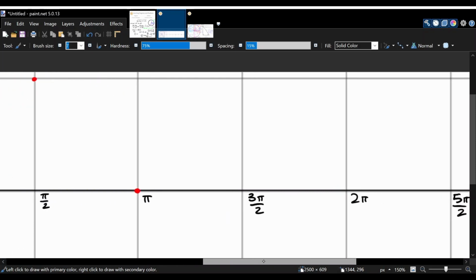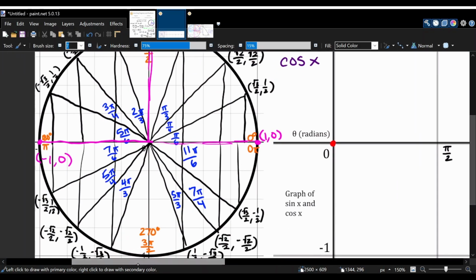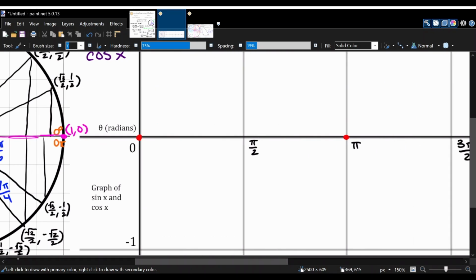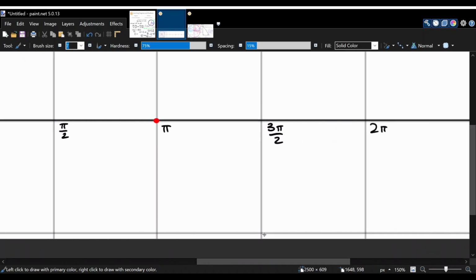And then, now, 3 pi over 2, or 270 degrees. And that is going to put us here at 0, -1. So now we're going to hit -1 at 3 pi over 2, which is right there.